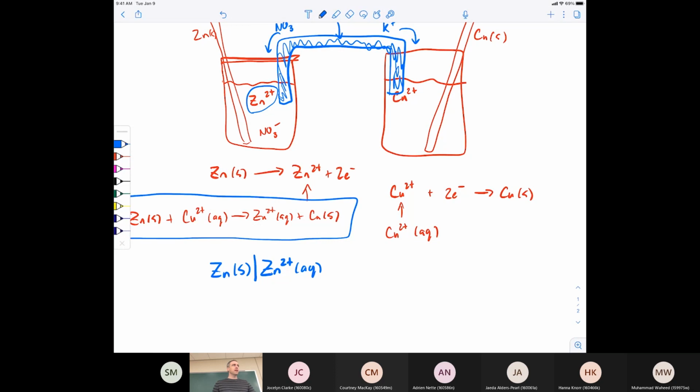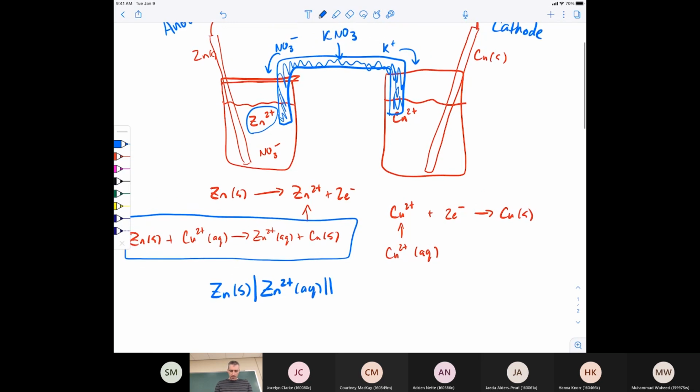So that's the complete left side of this particular reaction. When you have a salt bridge, the salt bridge separates the two half reactions physically. Well, it connects them, but it's the barrier, the physical separation between them. We use a vertical double line. So that looks like this. That means salt bridge. So that's the separation between the two half reactions.